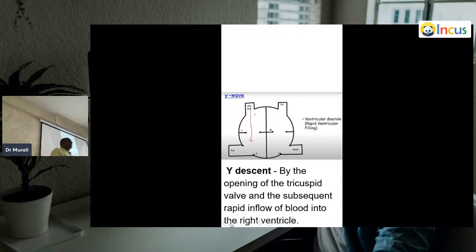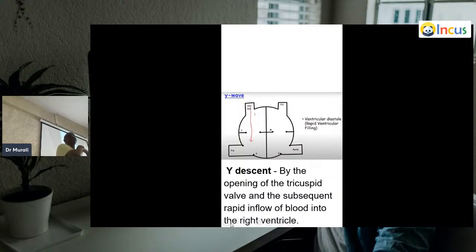So I told you, first one third of the ventricular diastole is because of what? Ventricular systole is over, it is empty. Atria is fully pregnant with the blood, already V wave came. From atria into ventricle, the blood will jump the moment the valve opens.